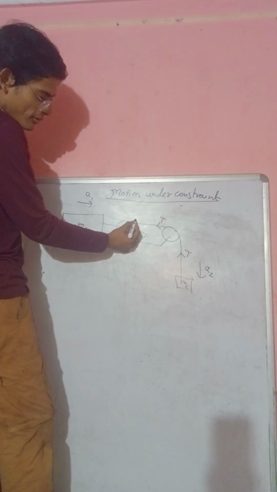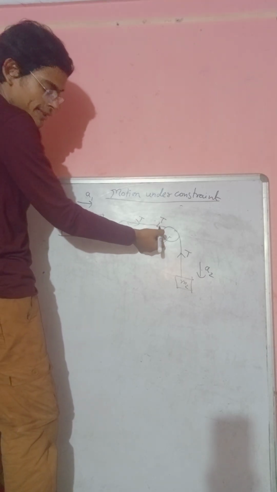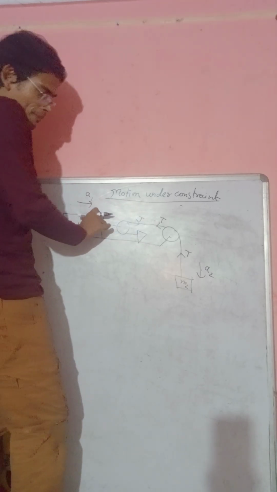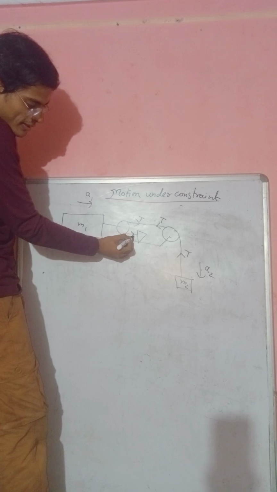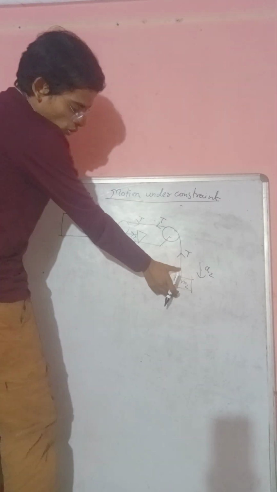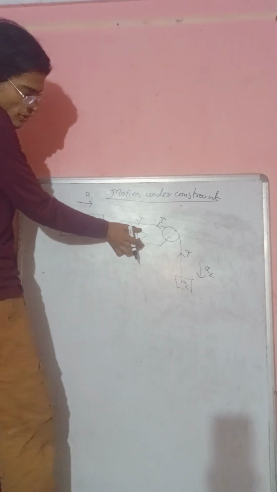Tension force, action-reaction force: T is the action along this direction. As a result, the reaction force is applied in the opposite direction. Same string, again tension force will be applied, because the more it moves in the downward direction, the more it will move in this direction.